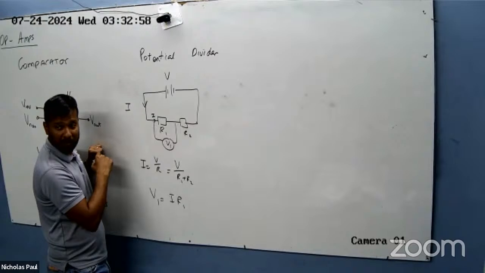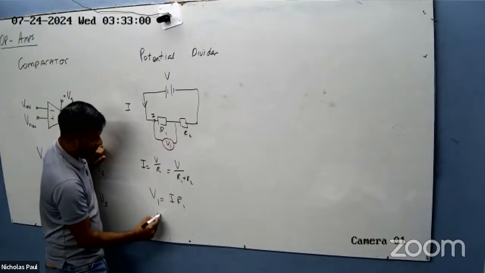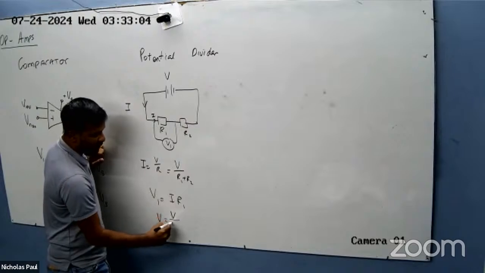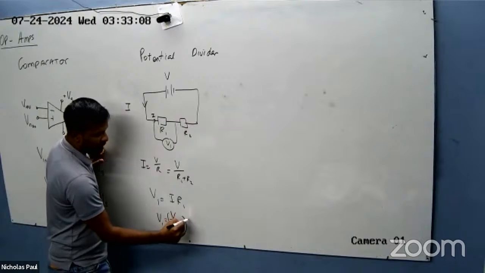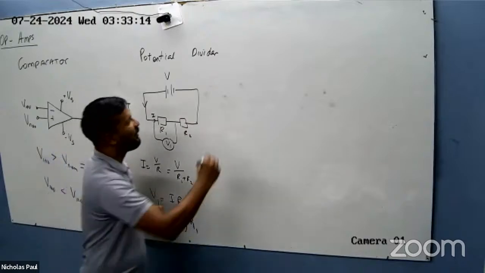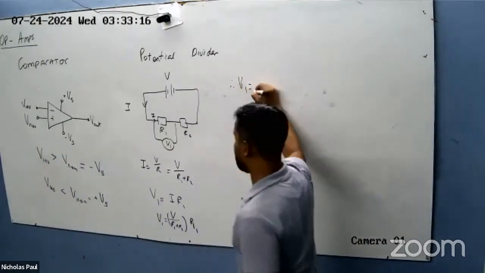And so V1 is equal to this, which is V over R1 plus R2 multiplied by R1. So therefore, V1 is really this.